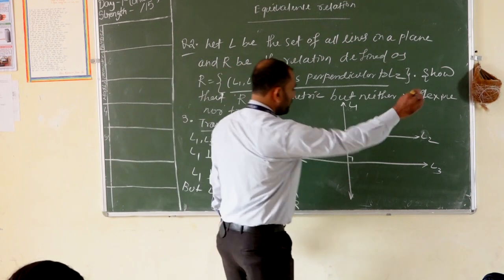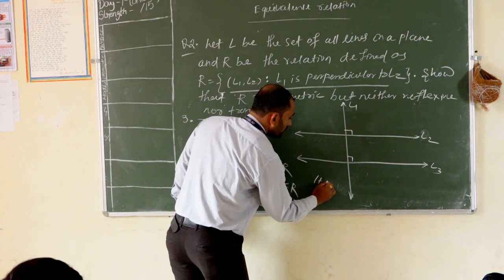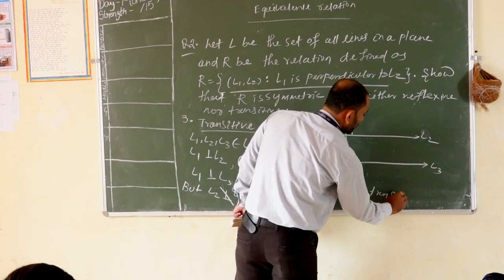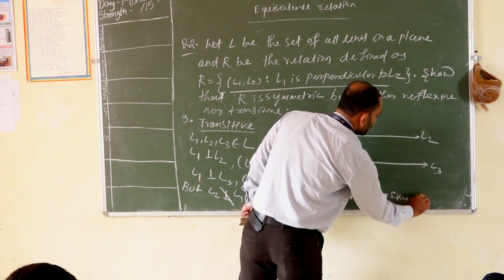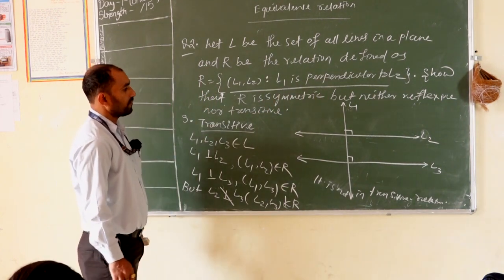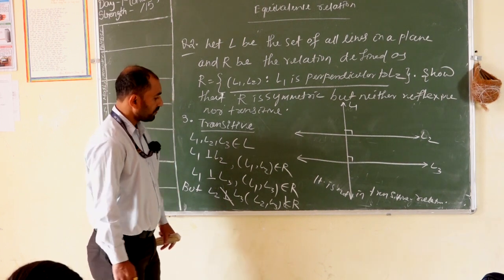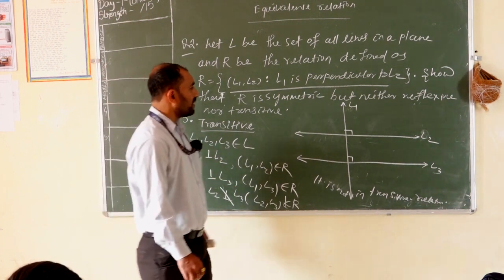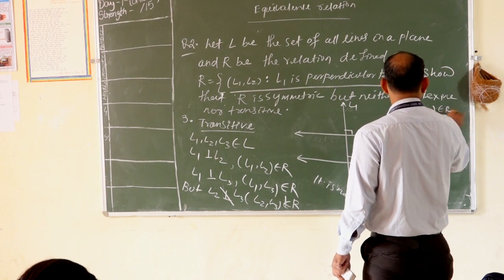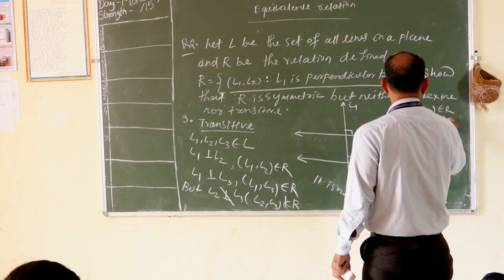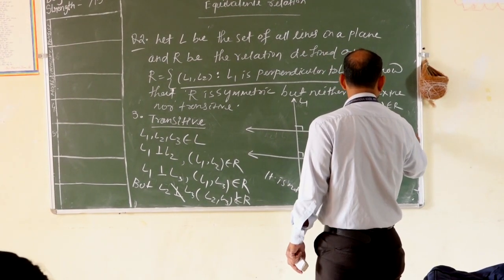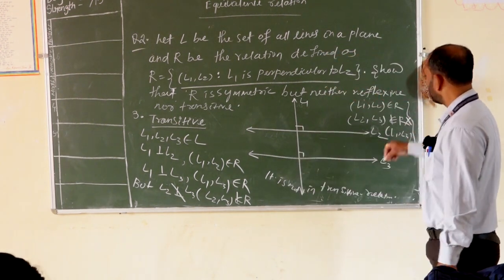That is, it is not a transitive relation. You can also write it in a different way. (L1, L2) belongs to R. (L2, L3) does not belong to R. Hence (L1, L3) belongs to R. So out of the 3 conditions, one is not being satisfied.